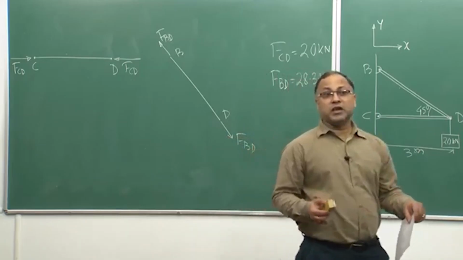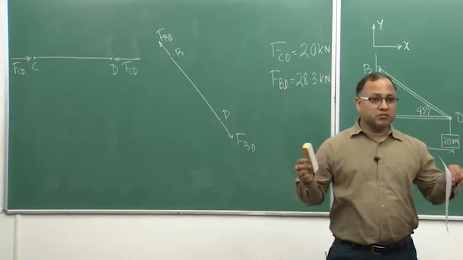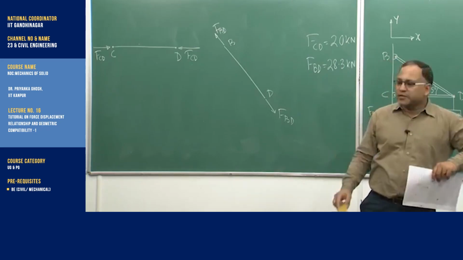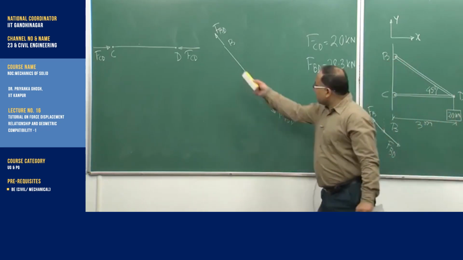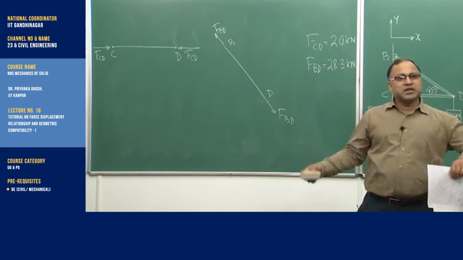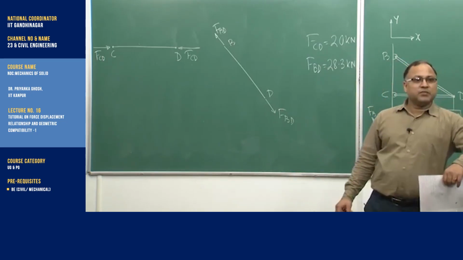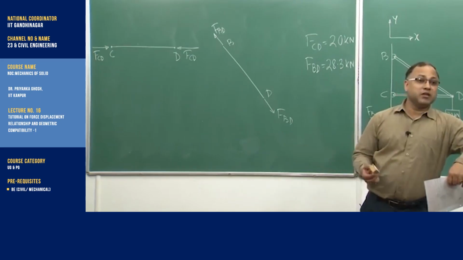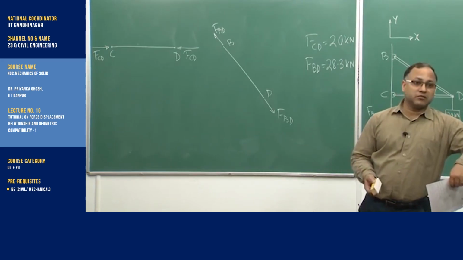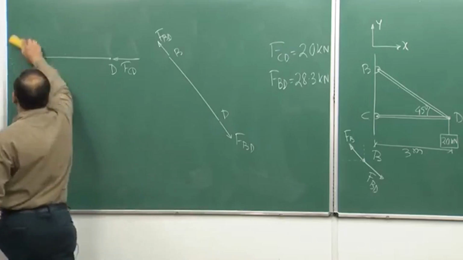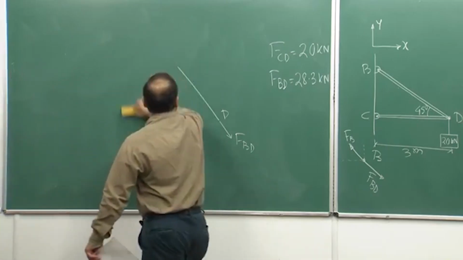What will be the amount of compression? That we can calculate by using Hooke's law, PL by AE, right. Similarly, if you consider member BD under the action of this tensile force FBD, that member BD will be elongated. How much will be the elongation? That also we can calculate by using the simple Hooke's law. So, let us calculate those things, okay, and let us get the numerical values.